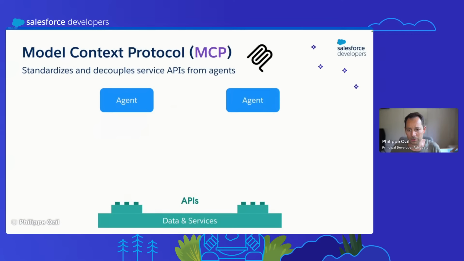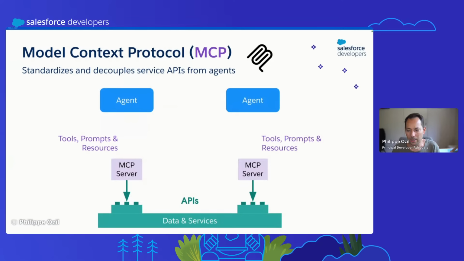To deal with this, we've introduced the concept of MCP, Model Context Protocol, which acts as a decoupling mechanism. It's a standard that decouples the service APIs from the agents. Now you have your agents on one side, your data and services on the other side. The data and service owners build an MCP server, which in turn exposes tools and prompts to the different agents.